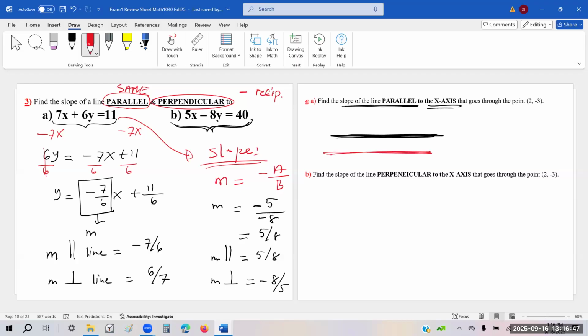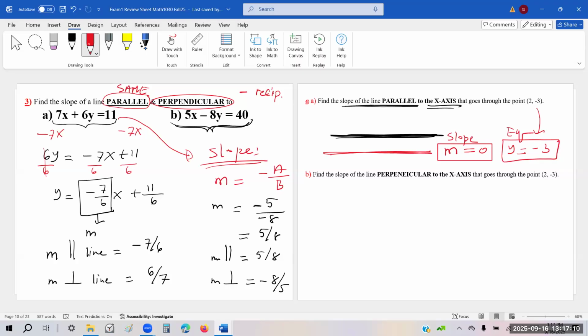Another horizontal line. So what's the slope of any horizontal line? 0. If they ask you for the equation, it will be y equals the y value of the point. So this is the equation and this is the slope.